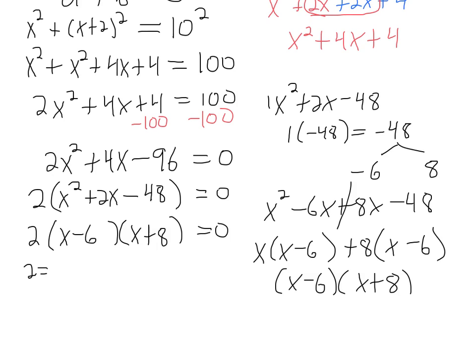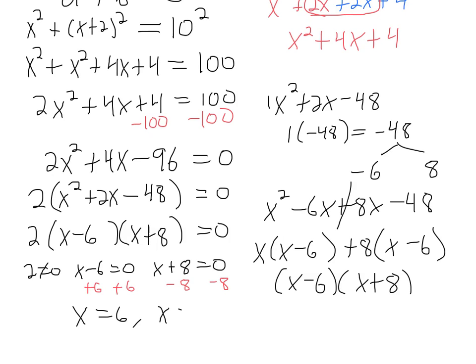Well, 2 can't equal 0. But x minus 6 can equal 0, and x plus 8 can equal 0. So adding 6 to both sides, or subtracting 8 on this one, leaves us with our answers x equals 6, comma, x equals negative 8. Okay, 6 or negative 8.